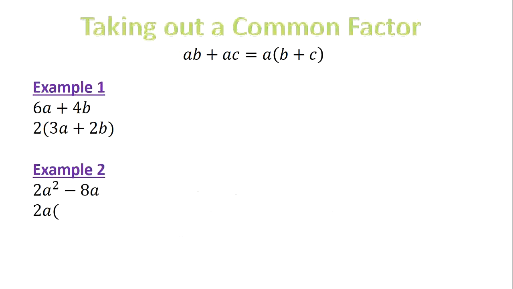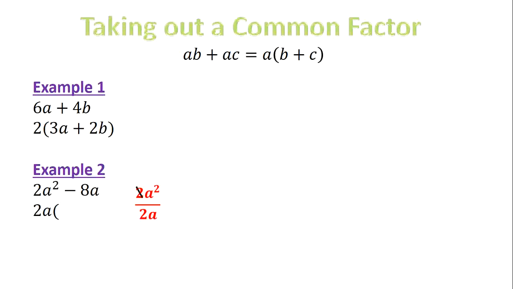Then open bracket. Now again we work with our fraction. I put my highest common factor of 2a in the bottom, and I put my first term of 2a squared in the top, or the numerator. And now again I simplify and cancel.